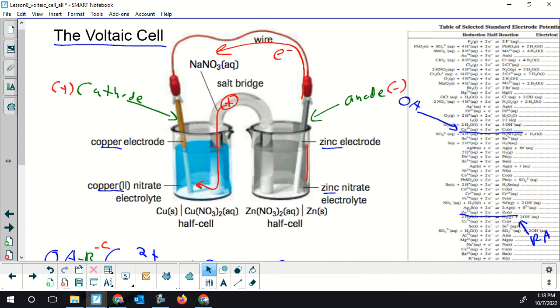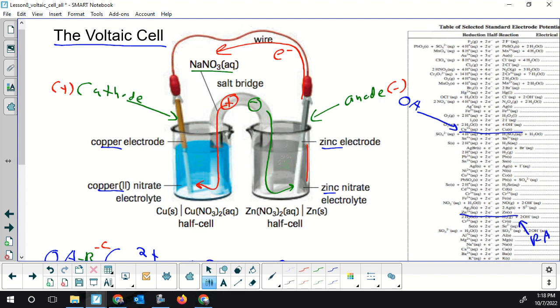The opposite is going to happen at the anode. We're losing negative charges as electrons leave, so we need negative charges in the salt bridge or anywhere in solution to move towards the anode. We have nitrate spectator ions down in our solutions. Okay, we have nitrate in our salt bridge.